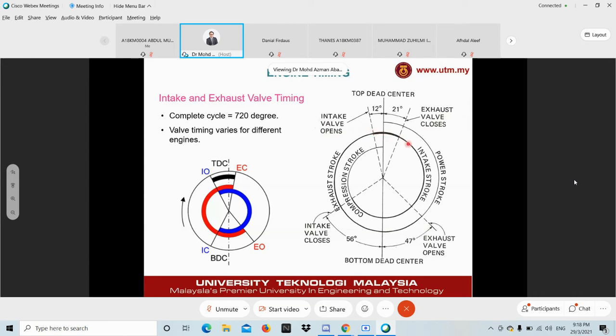During this intake stroke, the intake valve is always open until it reaches over here.